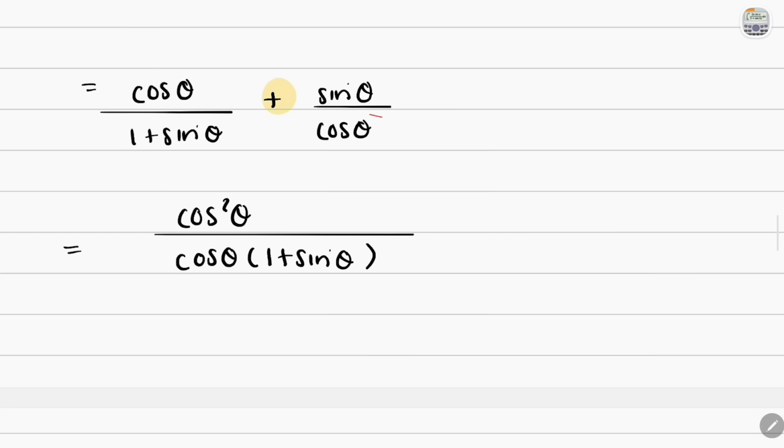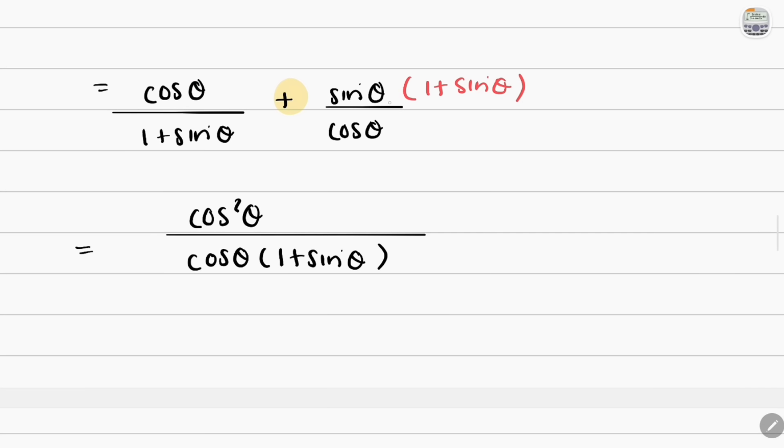And then looking at the second fraction, we have cos theta. How do we get this denominator to look like this? That would be by multiplying it by 1 plus sine theta. But what you do on the bottom, you must do on the top. So look at what we get here. I can just distribute. So sine theta times 1 is just positive sine theta, and then sine theta times sine theta is positive sine squared theta.